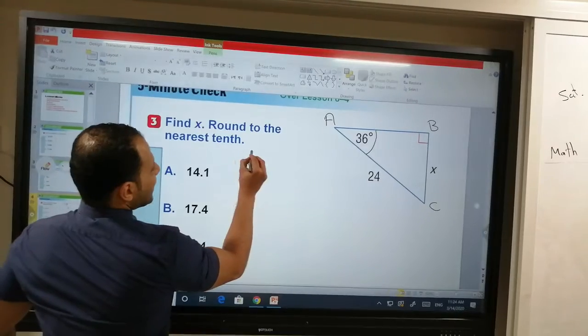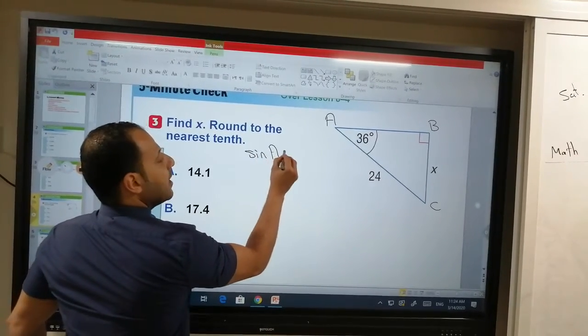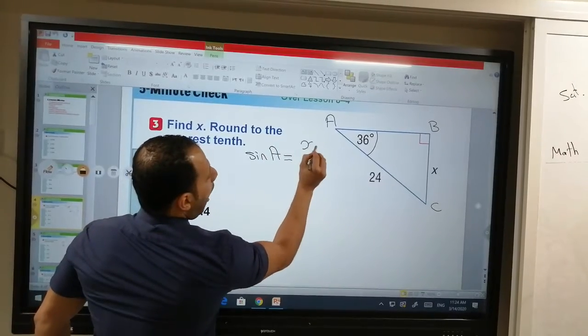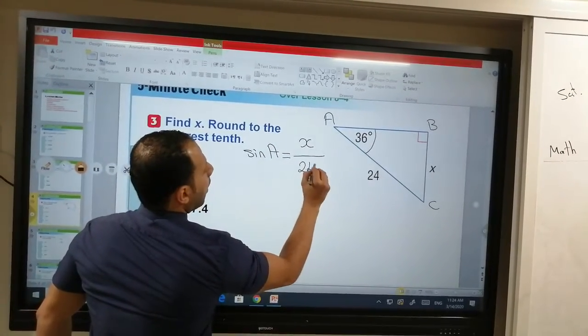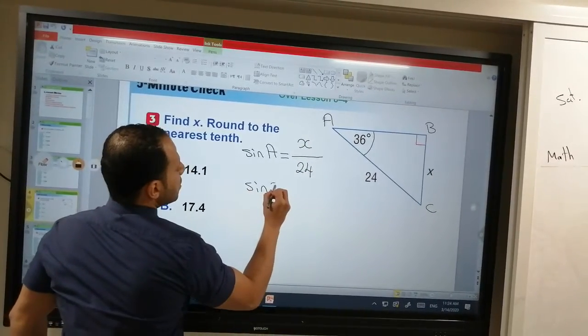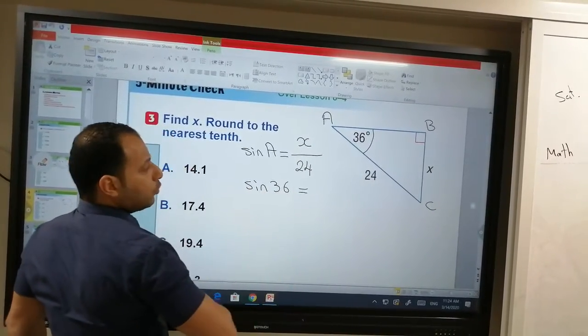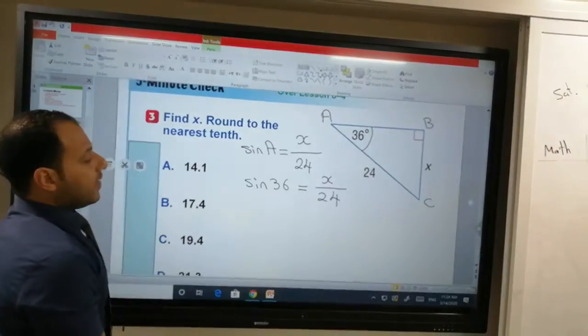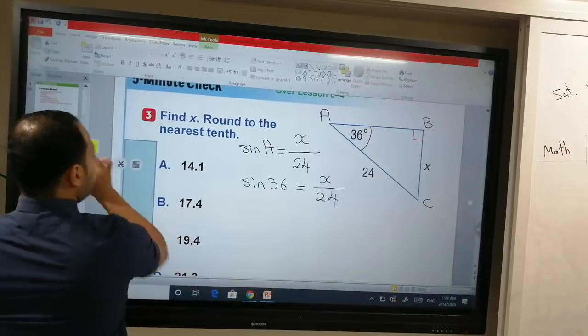Because it's opposite over hypotenuse from the given. So I just write sine A equal to what? Equal to opposite over hypotenuse. A is 36, so sine 36 is equal to x over 24. What shall I do after that? Make the cross product.